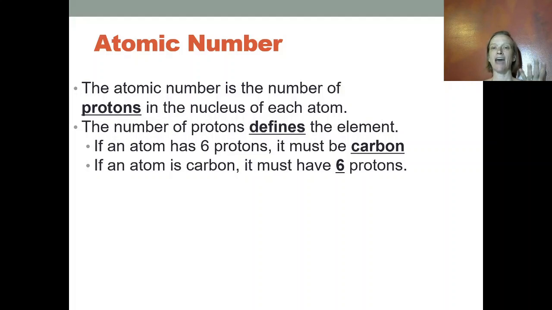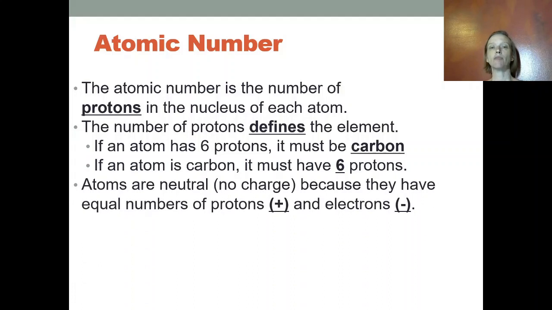What I mean by that, if an atom has 6 protons, it must be carbon, and if an atom is carbon, it must have 6 protons. If it doesn't have 6 protons, if it has 7 protons, it's not carbon. So that's what I mean by the number of protons defines the element.